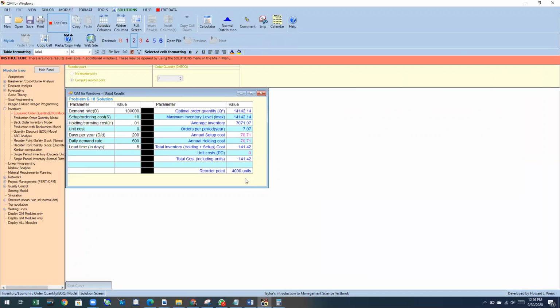So the moment our inventory hits 4,000 units, we place an order, because it's going to take 8 days at 500 units a day until the 14,142 economic order quantity arrives. So the reorder point is 4,000 units.